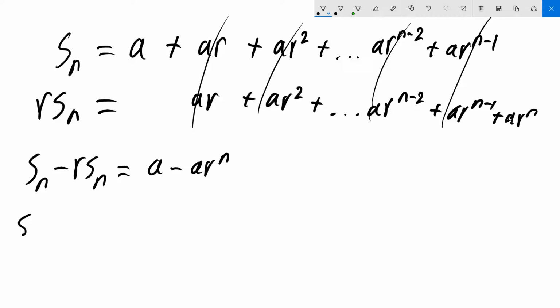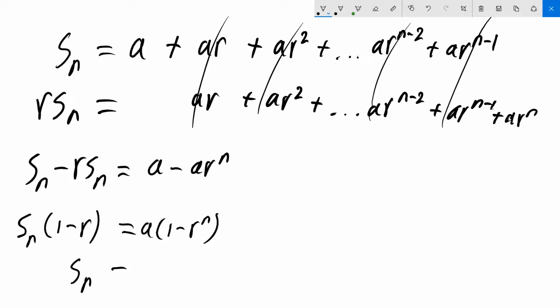We factor out our series Sn lots of 1 minus r equals, and we factor out a on this side, so a lots of 1 minus r to the n. And now we divide both sides, so now we're left with Sn equal to a lots of 1 minus r to the n, divided by 1 minus r.